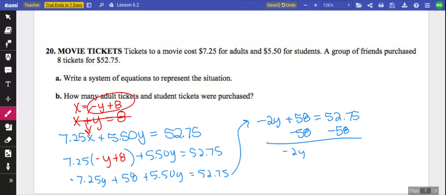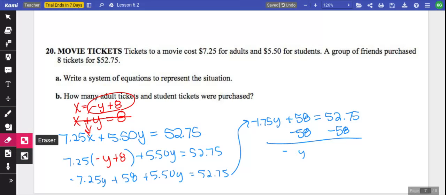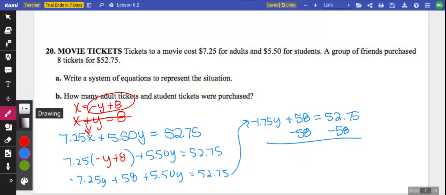Negative 7.25 plus 5.5 is negative 1.75y. Okay, so negative 1.75y equals, and then I have 52.75 minus 58 is negative 5.25.